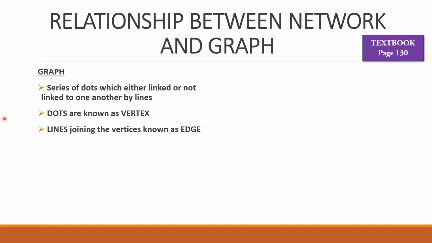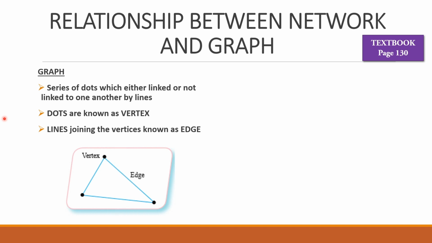Edge in Malay is sisi ataupun tepi. That's the basic definition of graph, and this is an example of a simple graph. The black dots here are all vertices, and the blue lines connecting all the vertices we call edges.